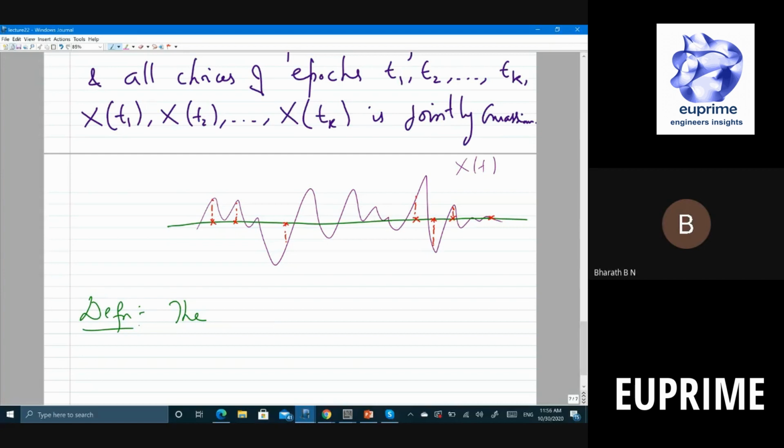So it's called a covariance function. I'll call this Kx of t comma tau, of a stochastic process. Well, this is a very general definition, but when you apply it to Gaussian, it makes things very simple.